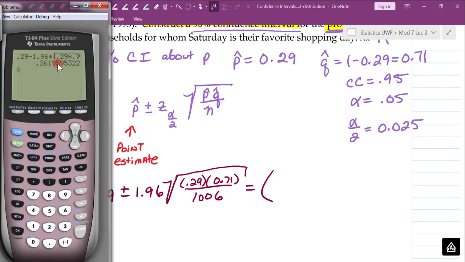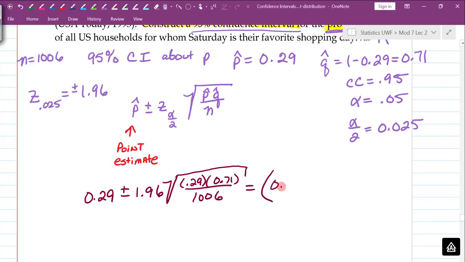So for proper rounding, I'm going to get 0.261960. Okay? So right here, it's going to be 0.261960.